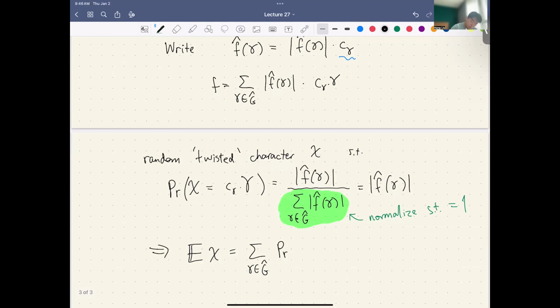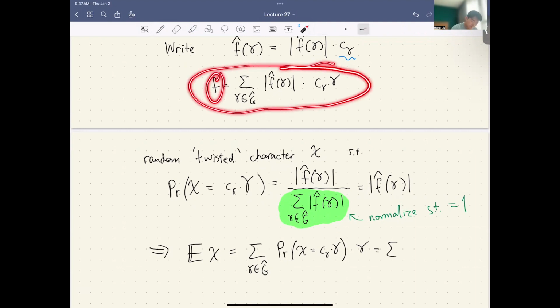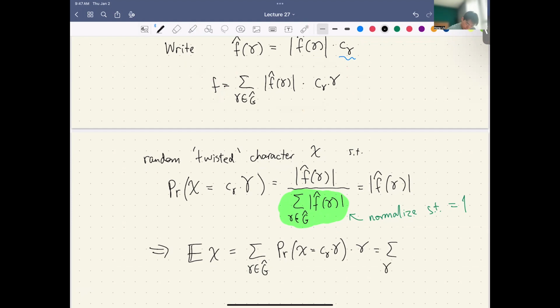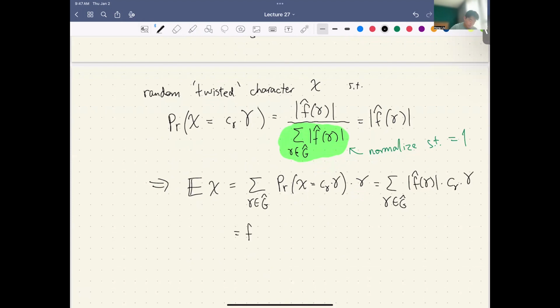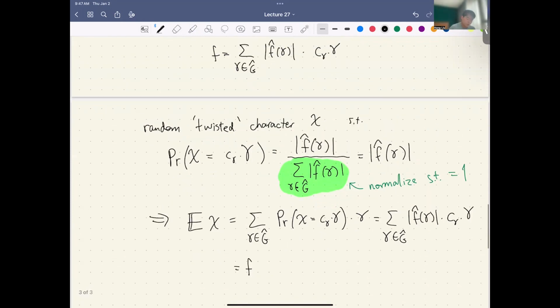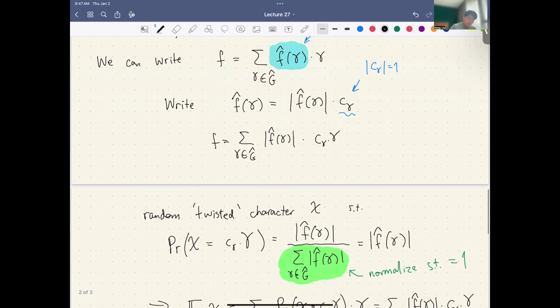So then this probability of chi equals to c gamma times gamma, right? Which is nothing but just this thing, which is f. Equals to f.